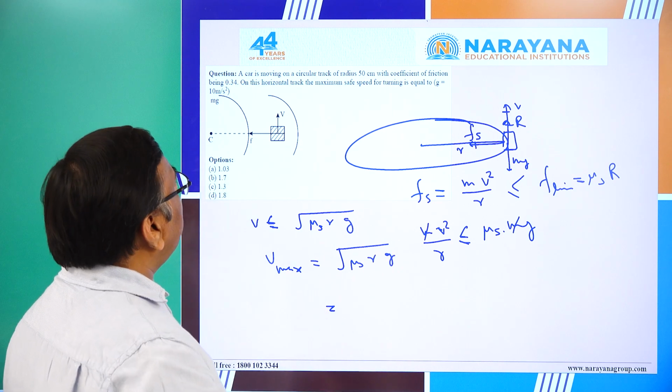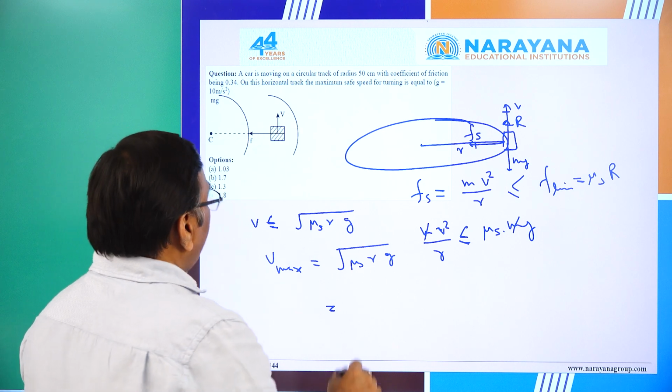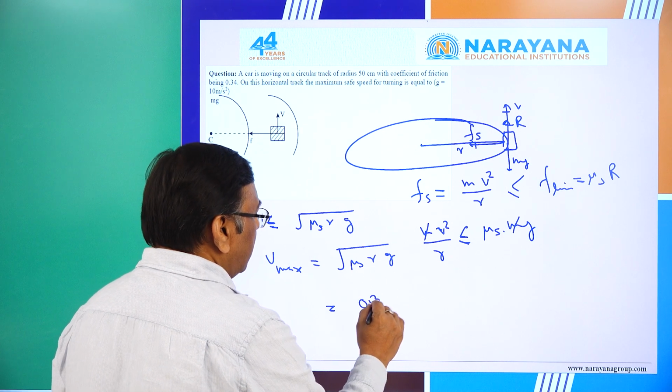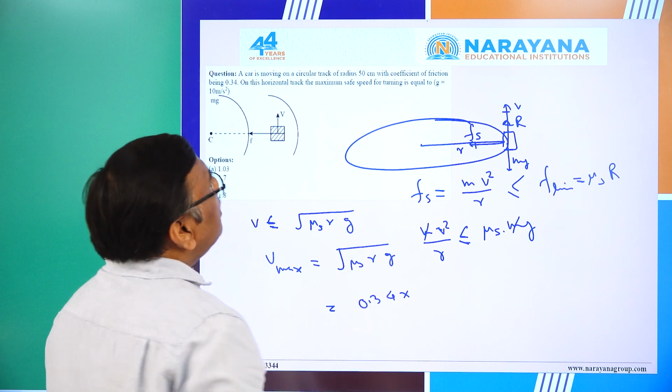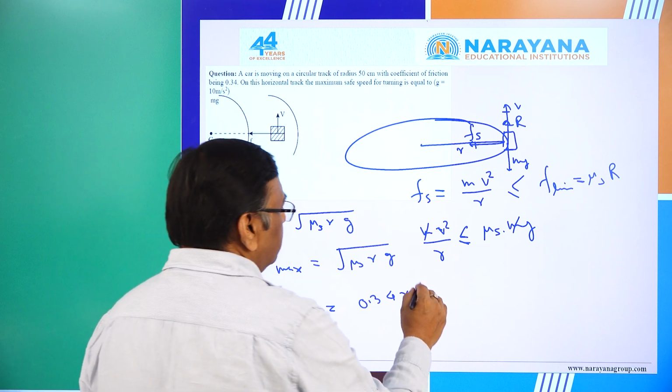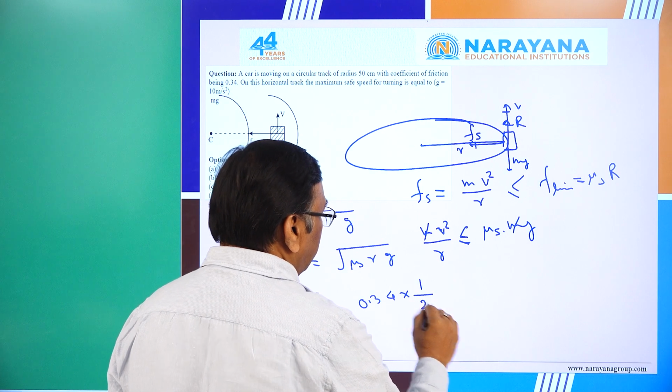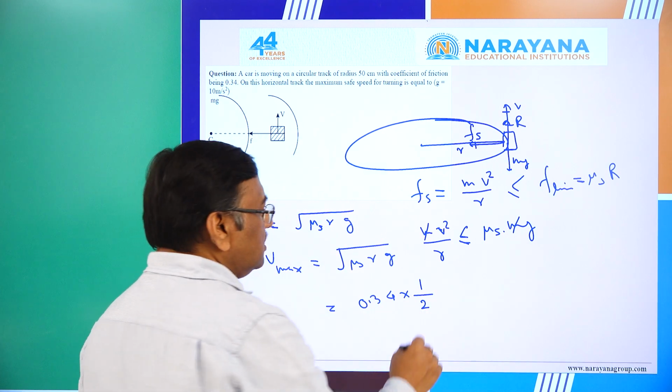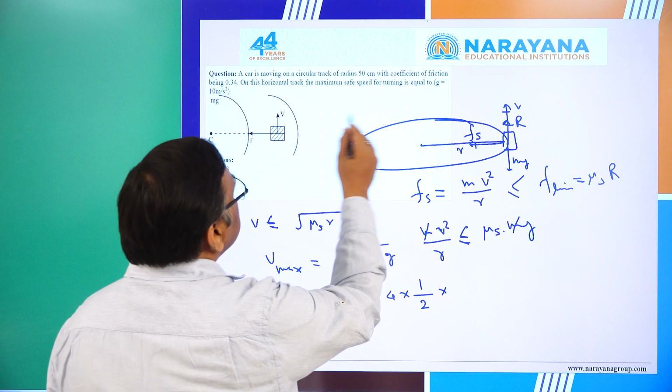Mu s in the question is given to be 0.34. Now substitute the values: 0.34. The radius of the track is given to be 50 centimeter, that is, in meters, 50 by 100, which I can make 1 by 2 meters. G is taken to be 10.